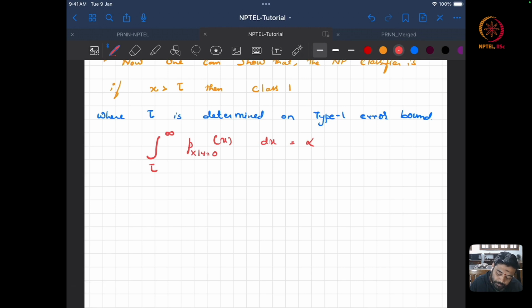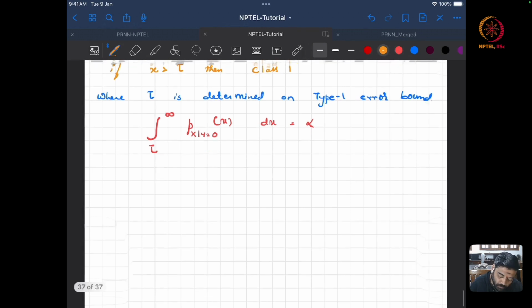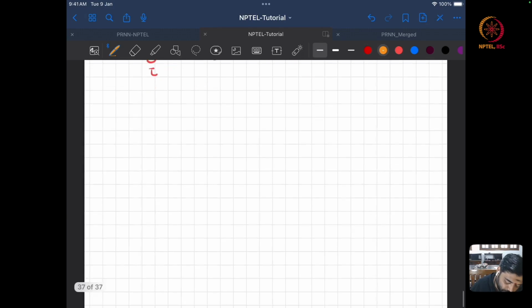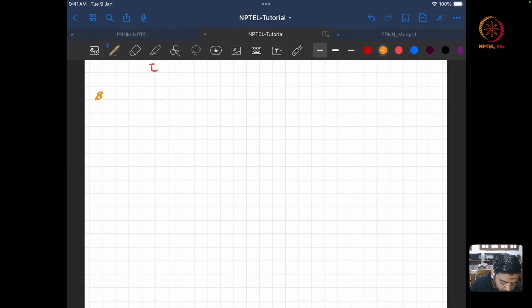Now we know that the Bayes classifier minimizes risk, which is a kind of weighted error. This we have seen earlier also.